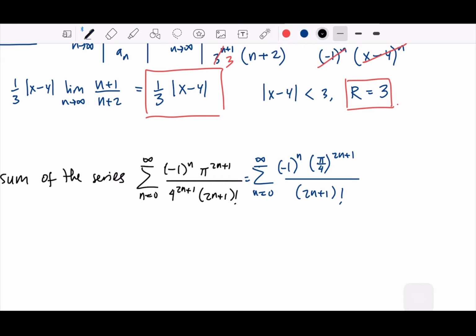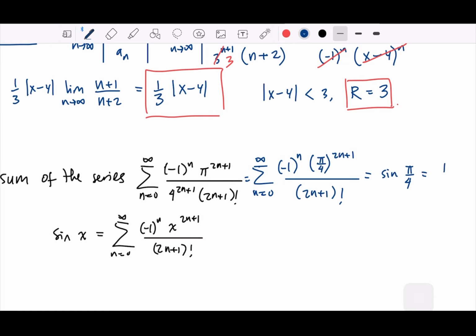Okay, and then remember that if we have sine x and we want to write the series, we can write this in terms of this, right? And then we can write down the final result as sine pi over 4, which is 1 over square root of 2, or half square root of 2.